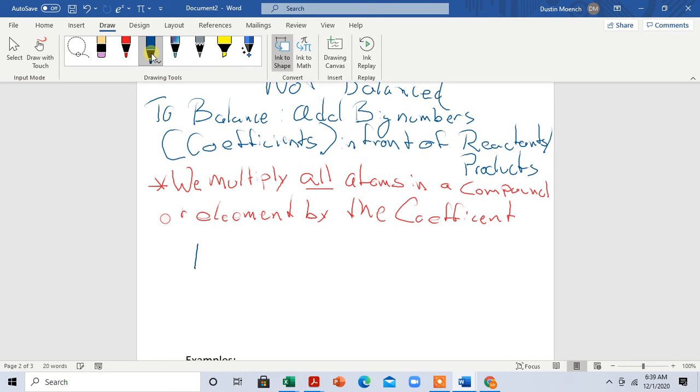Like in my example, if I would put a 2 here, I would need to say now I have 2 times 1, or 2 N's, and 2 times 3, or 6 H's. So if I want to put a big coefficient here, I need to multiply 2 by the number of each element that I have.